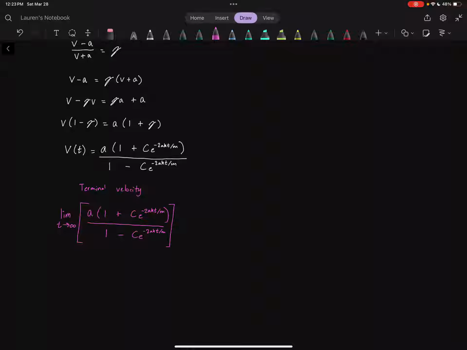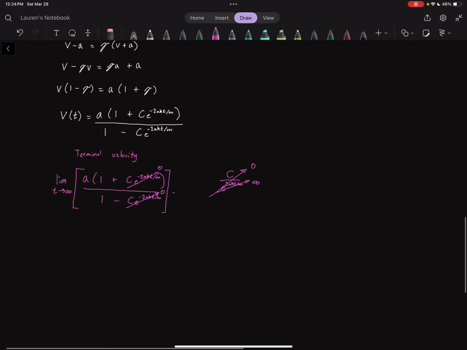So these e to the powers, it's 1 over, right? So it's really like, in each case, c over e to the 2akt over m. And so as t goes to infinity, this denominator will go to infinity and the overall term will go to 0. So this goes to 0 and this goes to 0, and you're left with this evaluating to a.